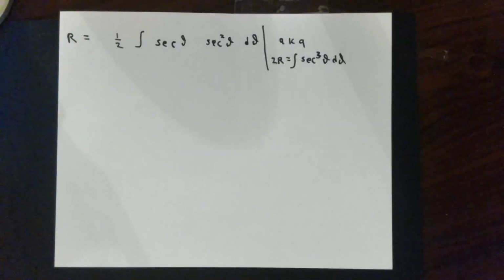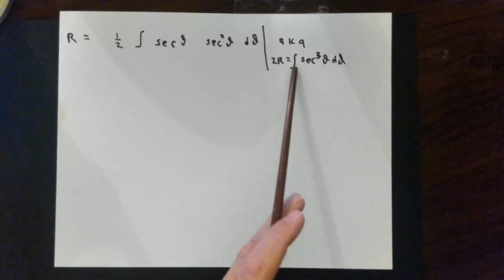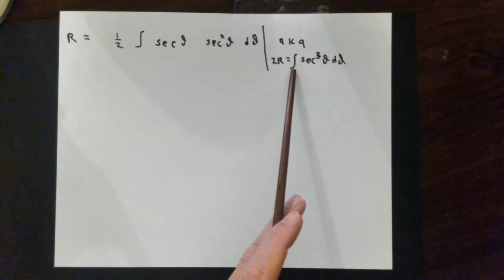Since I know I'm going to have to do some integrating by parts, I'm going to create a letter to indicate the answer that I want. 1/2 integral secant cubed theta is what I'll call r, which is, in other language, 2 times r is the integral secant cubed theta d theta.